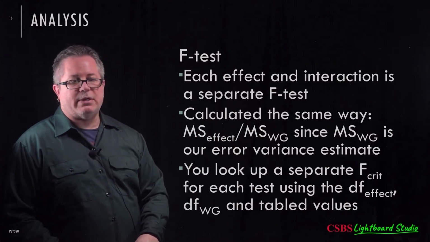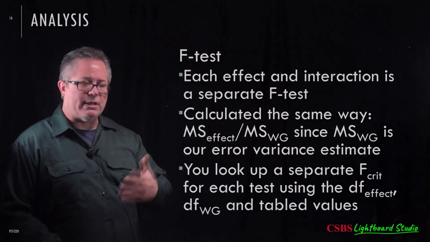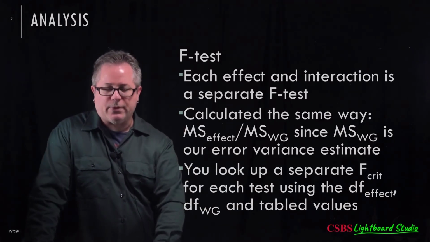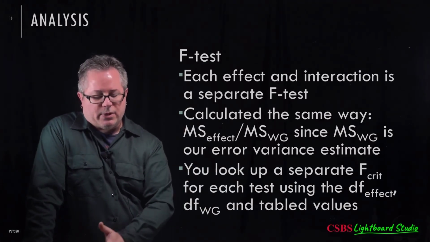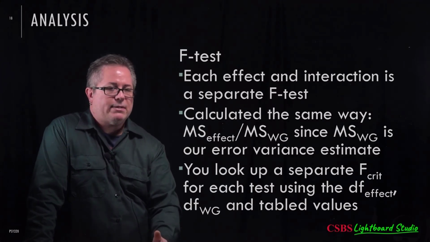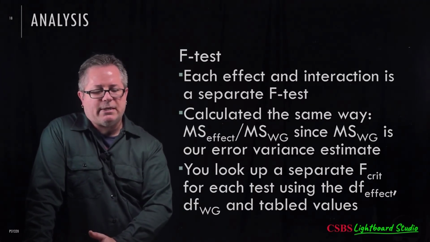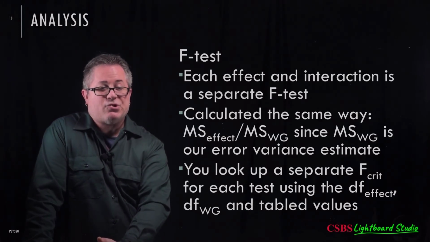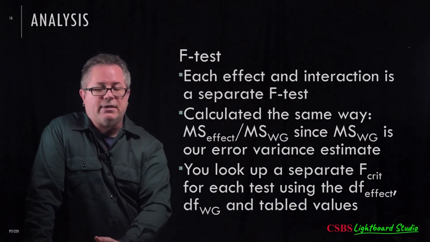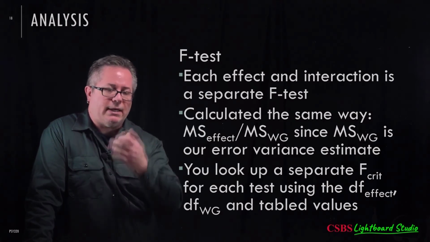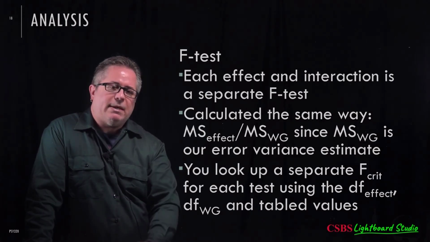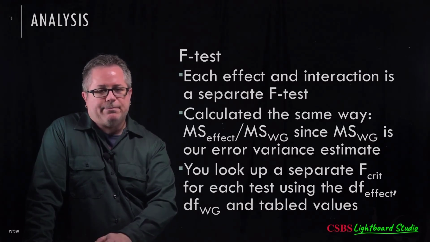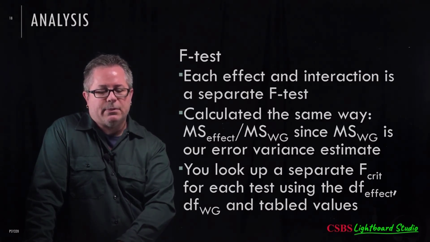MSWG is our sort of error variance. It's our within groups, the variance that we cannot explain. Remember we talked about in a one-way that we're giving these babies different brands. I can explain why they might differ in liking across the brands, but I can't explain why babies that got the same thing didn't eat the same amount. That's random variability I can't explain. It's the same idea here. Say 3 babies got Gerber peas.